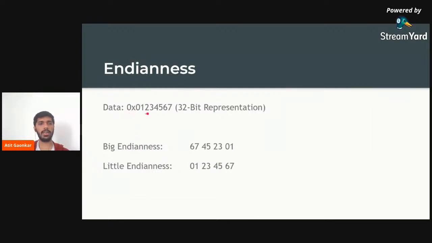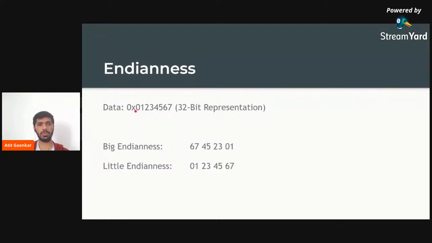Okay, so given a data, this is data in hexadecimal because you can see there is a 0x prefix to it. So the actual data is 0, 1, 2, 3, 4, 5, 6, 7.